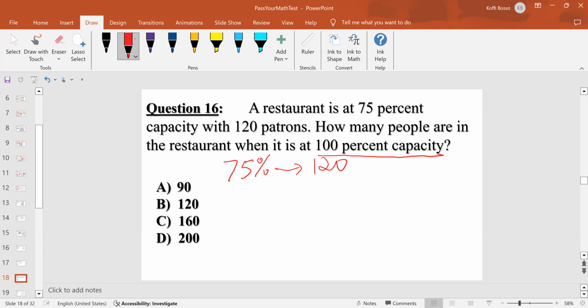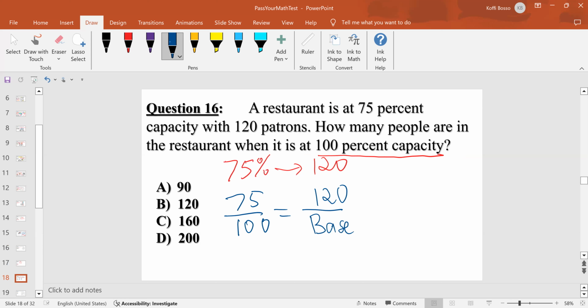So we're going to set a proportion here. 75 over 100, so 75% means over 100, is equal to the 120. That 120 is related to that 75% divided by the full capacity. The full capacity here, we're going to call it the base. So the 120 here is a part, and we know the part, which is 120, and we want to find the base.